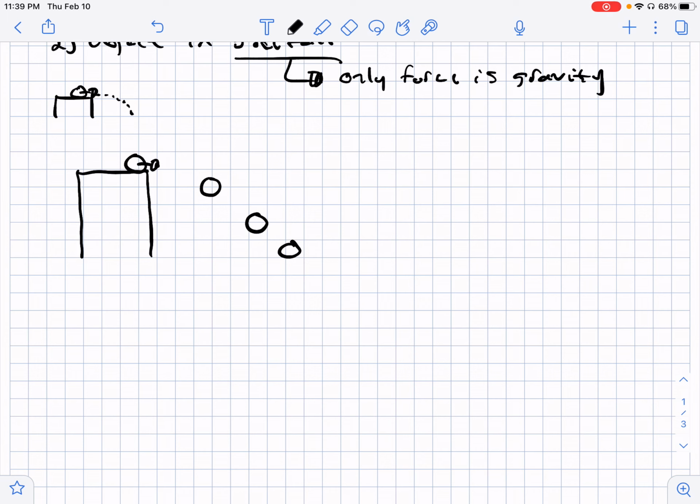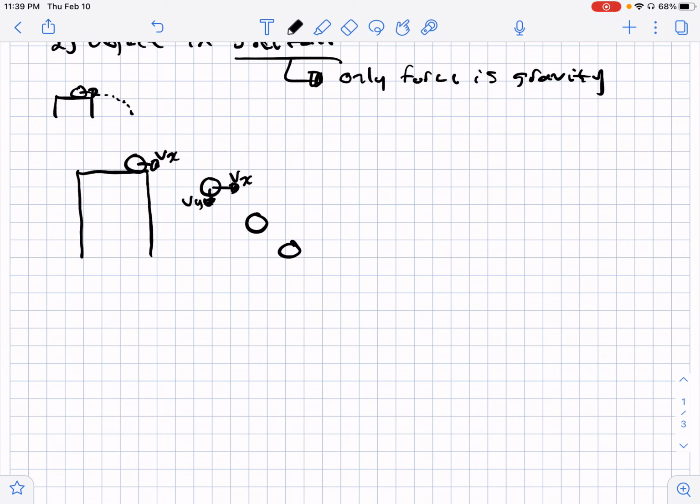And if we draw some velocity vectors for this object, we'll call this Vx. There's no vertical velocity to begin with. Okay, it's only moving horizontally. And right about here, you still have this horizontal velocity, but now you have a vertical velocity.